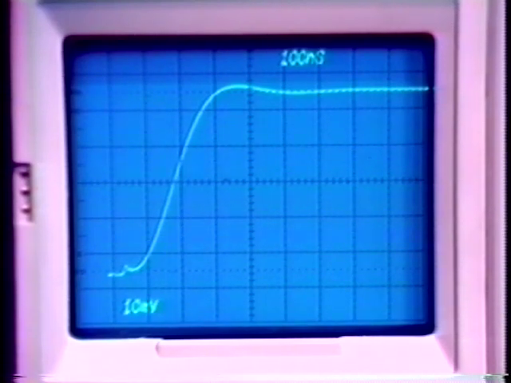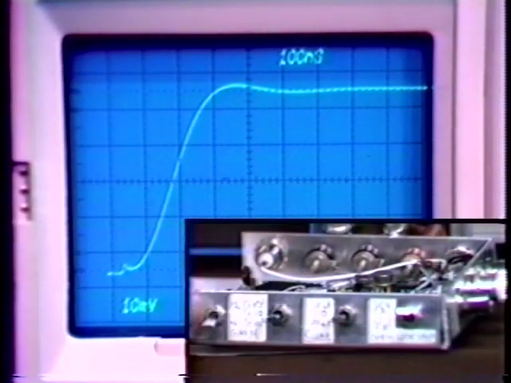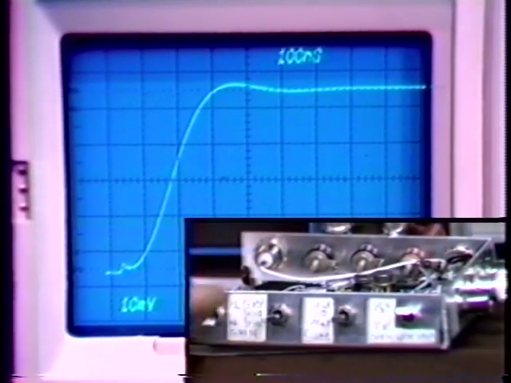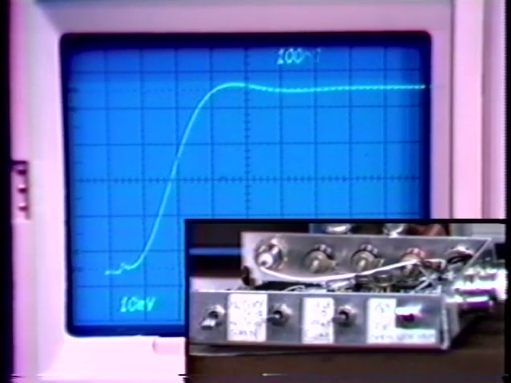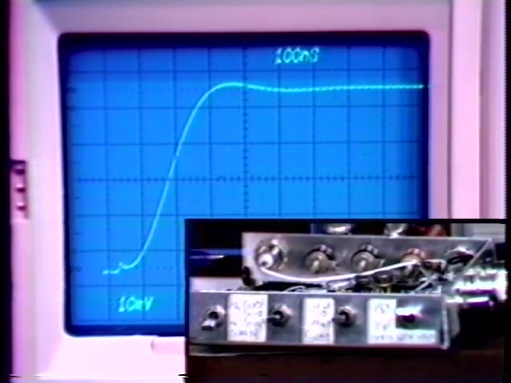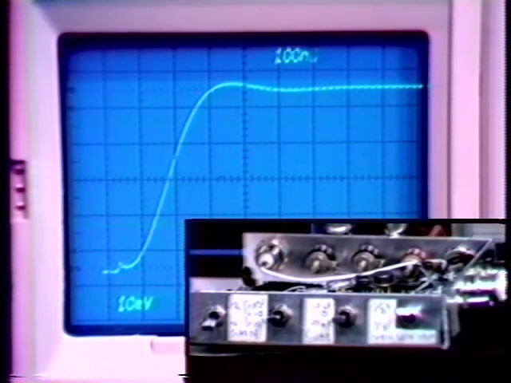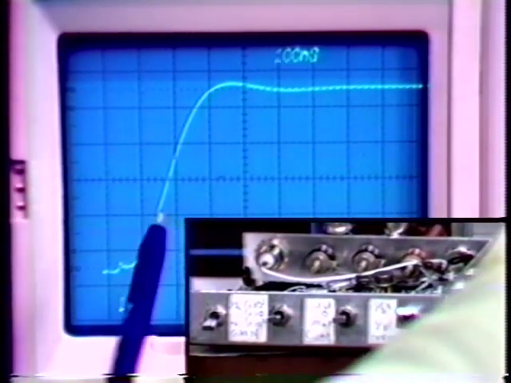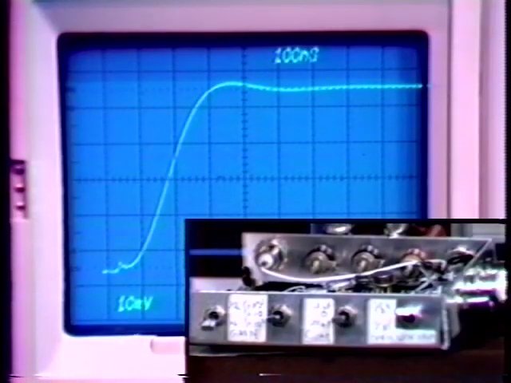The unity gain frequency with a 20 picofarad capacitor is actually about 2 megahertz in this particular amplifier. The switches on the front of the box, in particular these two switches, allow us to change F, thereby establishing different values for the ideal closed loop gain. Right now we're set up for a closed loop gain of 1 with F equals 1. As I mentioned earlier, we have the 20 picofarad capacitor, and we're looking at the resultant step response.